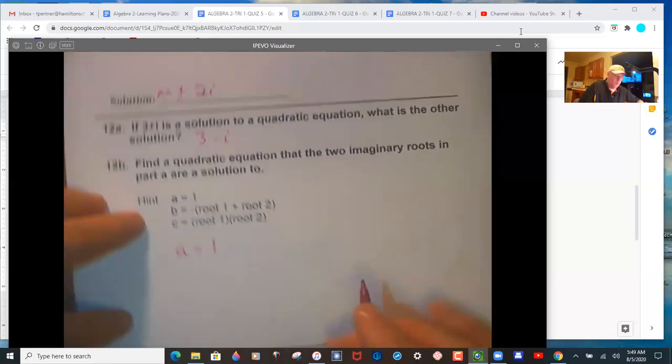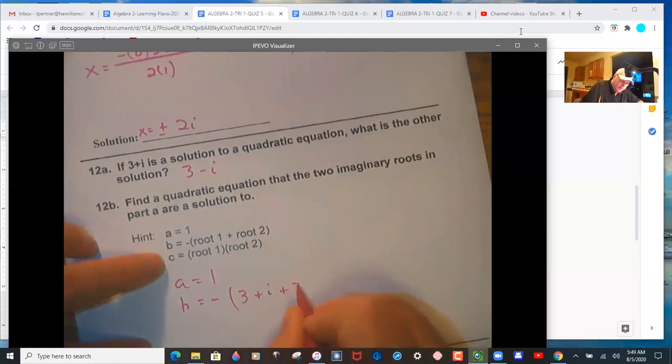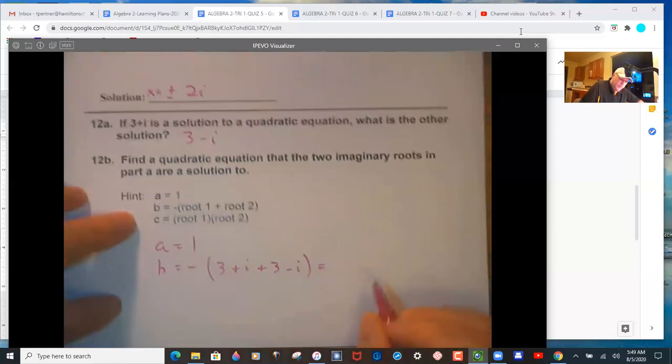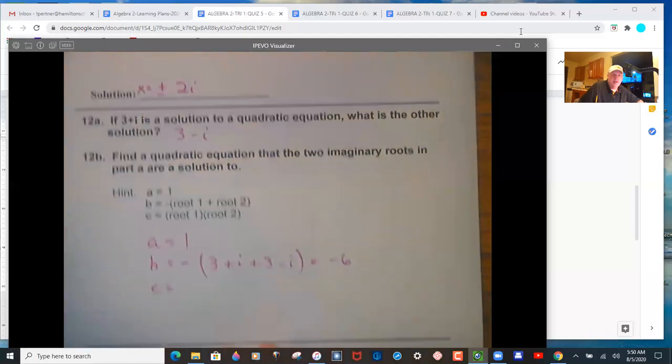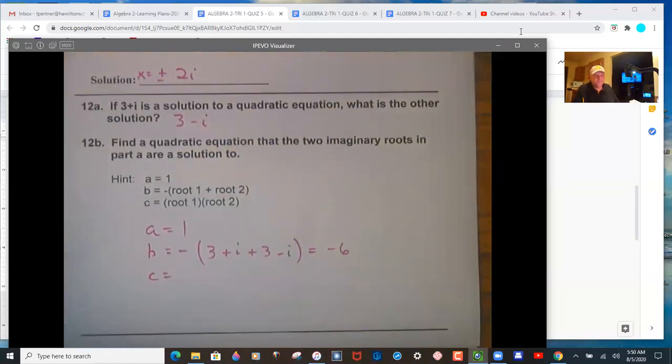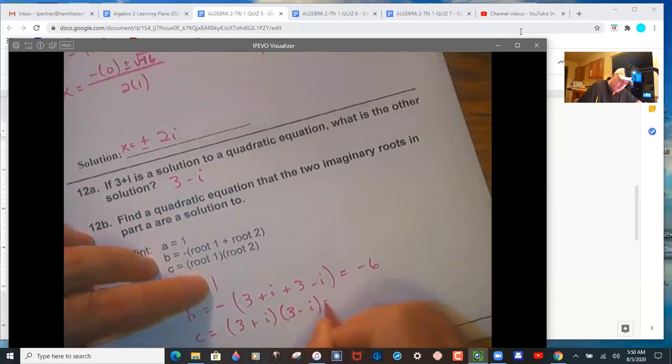Where a is 1, this is one way to do it. b is the opposite of the sum of the roots. So this is where all the work we did with multiplying and adding comes in, so this will be negative 6. And then c is the product of the roots, 3 plus i times 3 minus i.